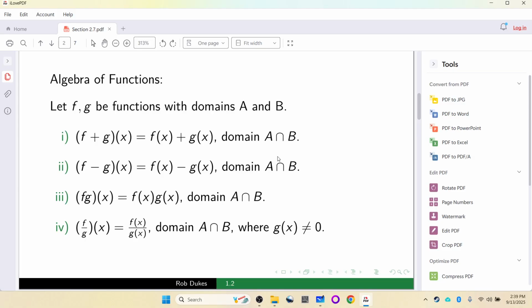You would plug them in, you would add them together, or subtract or multiply. Domain would be the intersection of the two original domains, meaning if you can't plug in x to one of these functions, then it's undefined for one of them, so it'll be undefined for the combined function as well.